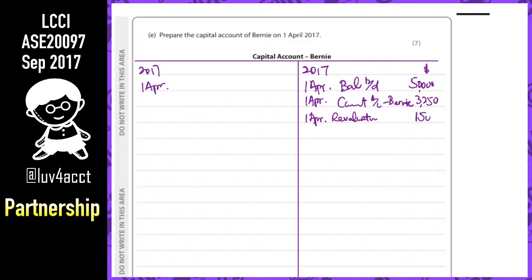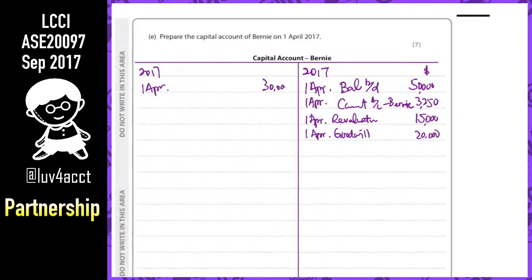Next, you have the revaluation of 15,000 gain, and then 20,000 for goodwill. Nothing else. Here comes the final settlement, 30,000 bank, and then the remaining balance would be a loan from Bernie.